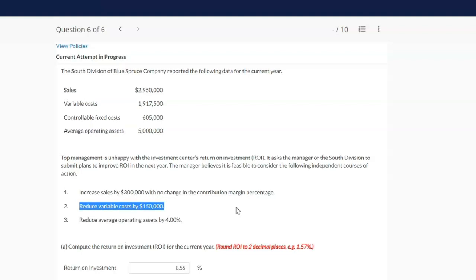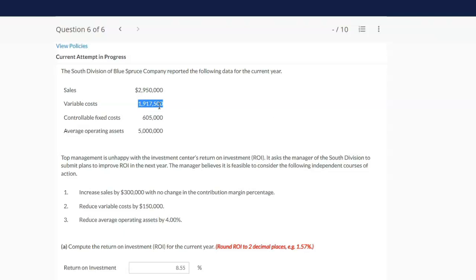The contribution margin is the original sales minus the variable cost. What's that contribution margin? Then subtract the controllable fixed costs. It says reduce variable cost by 150,000. Oh, reduce the variable costs, okay.